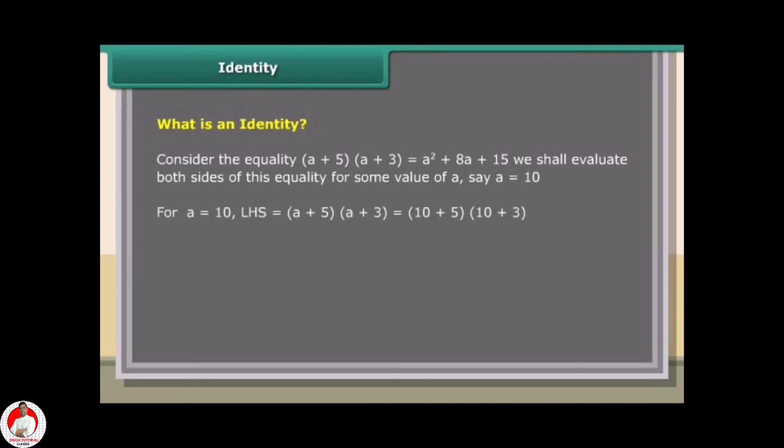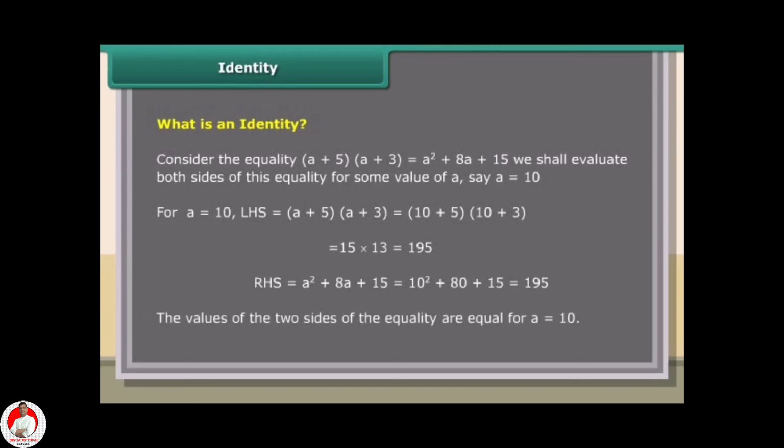For a is equal to 10, LHS is equal to (a plus 5) into (a plus 3), which is 10 plus 5 into 10 plus 3, which equals 15 into 13, which is equal to 195. RHS is equal to a square plus 8a plus 15, which equals 10 square plus 80 plus 15, which is equal to 195. The values of the two sides of the equality are equal for a is equal to 10.